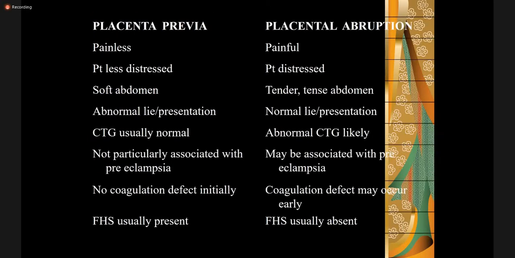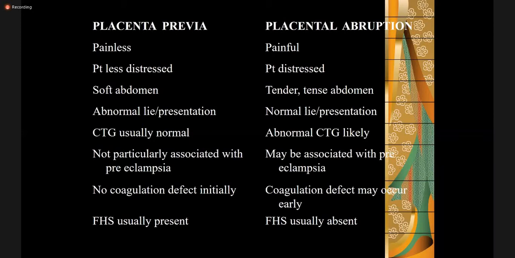So how to differentiate between these two? In placenta previa, the patient will come to you during the antenatal period and say she is having bleeding or spotting, but it is not associated with any pain. But in placental abruption, it is always painful.